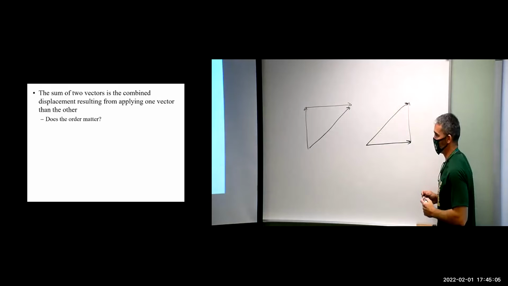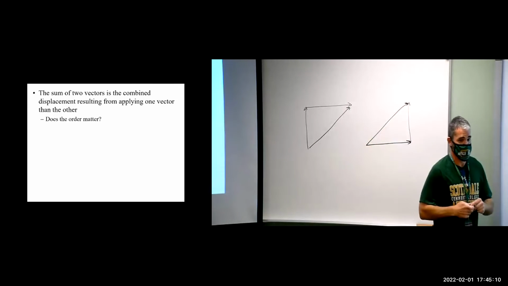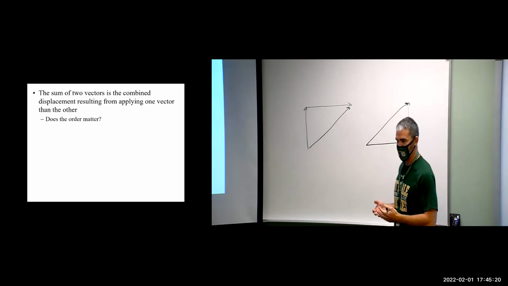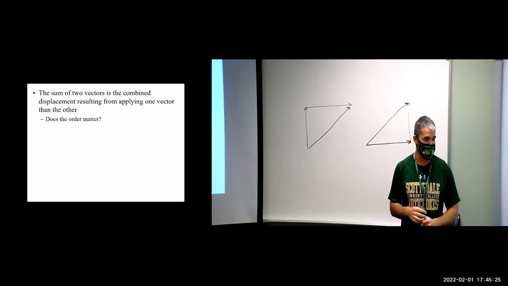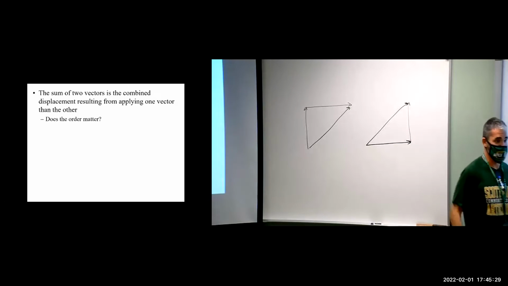There's our displacement vector. These are the exact same vector. They point in the exact same direction and they have the exact same magnitude. Now, they're in different spots on the board, but that doesn't matter. The only thing that makes vectors the same is if they have the same direction and the same magnitude. They do not have to have the same starting point or ending point. So the order doesn't matter.